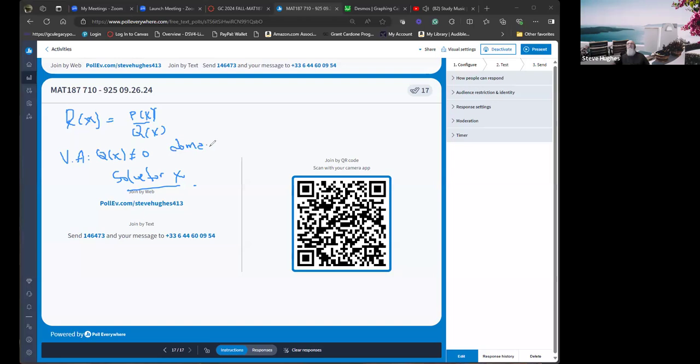That's the domain. Setting it equal to 0 gives the vertical asymptote. So I should say equal to 0 here, and solve for X.